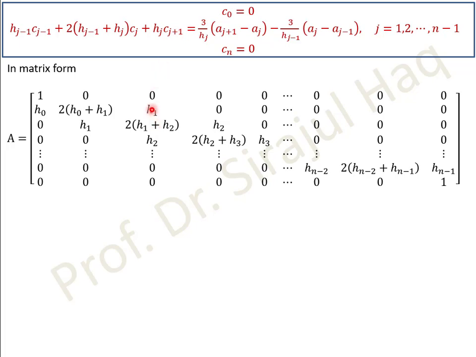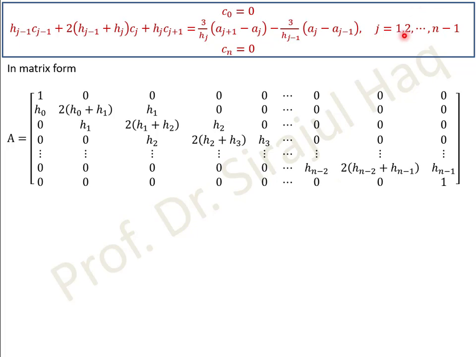The coefficient of C2 is h1, and we don't have more Ci's. That's the reason the coefficients of C3, C4 up to Cn are 0. So that's the reason you can see 0 there. Right hand side, I will discuss after this coefficient matrix.